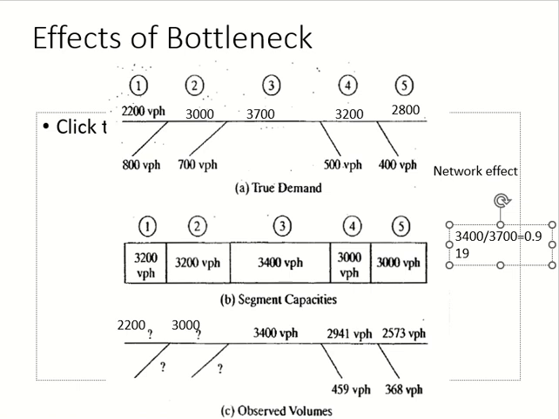So, from the actual demand, I'm allowing 0.919. Okay? Or 91.9% of the actual demand. So, this is the demand which will go to this ramp now. So, this 459 is 0.919 of 500.